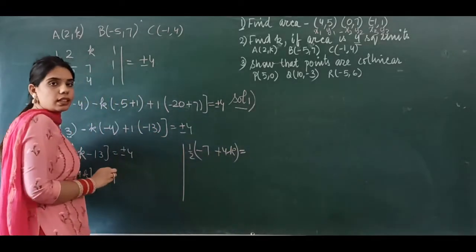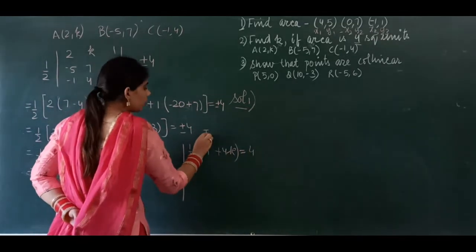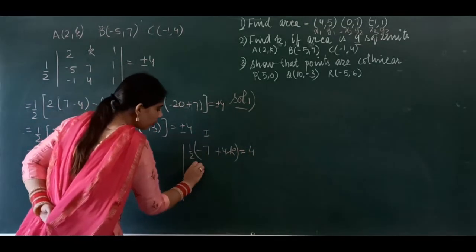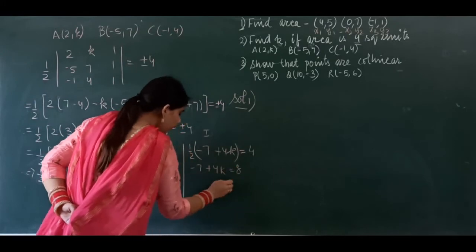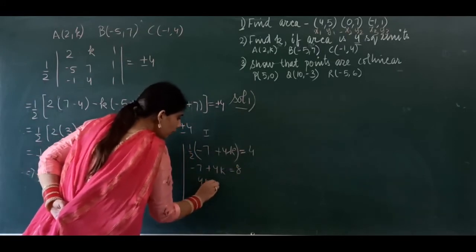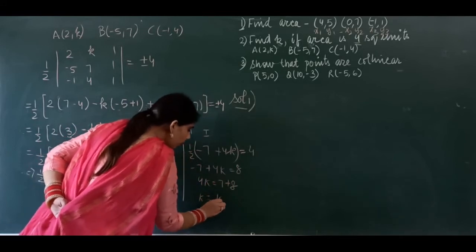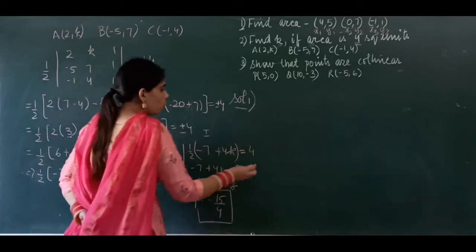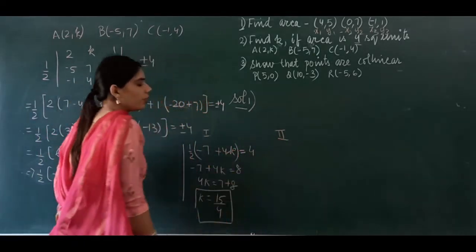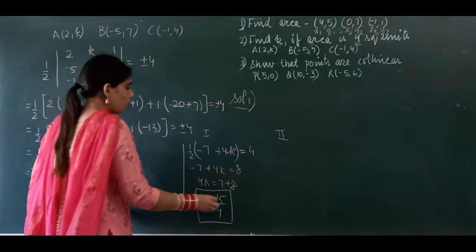First we will consider positive 4. This is the first case, so minus 7 plus 4k is equal to 8. 4k is equal to 7 plus 8, so k comes out to be 15 upon 4. In case 2, we will consider the value equal to minus 4.